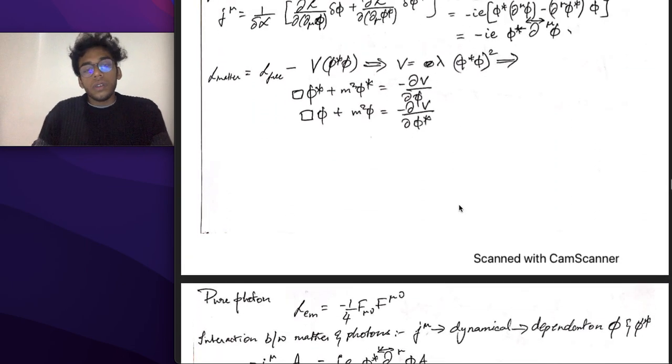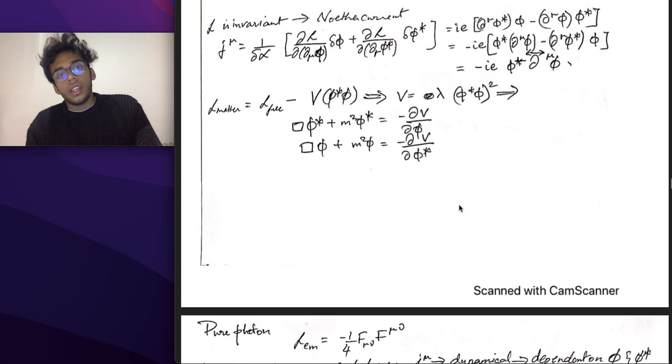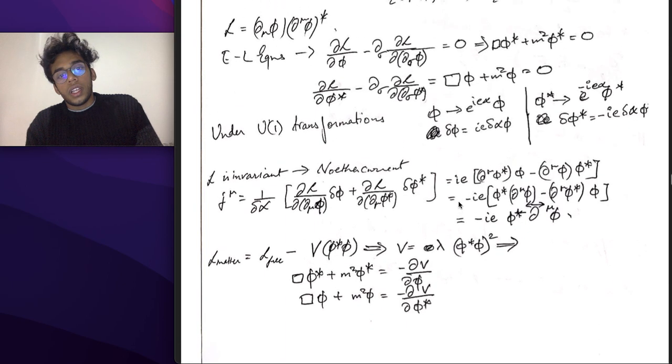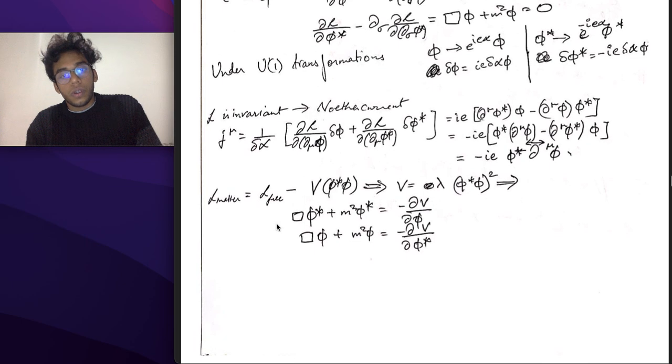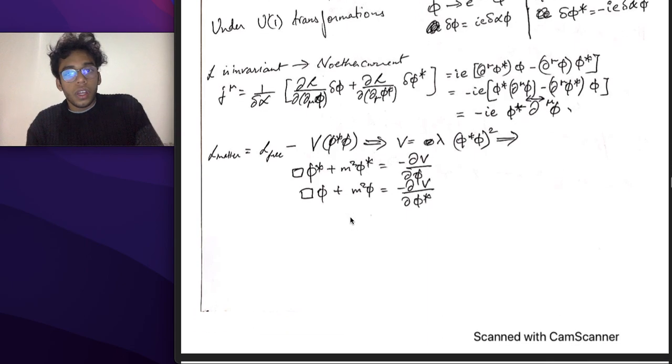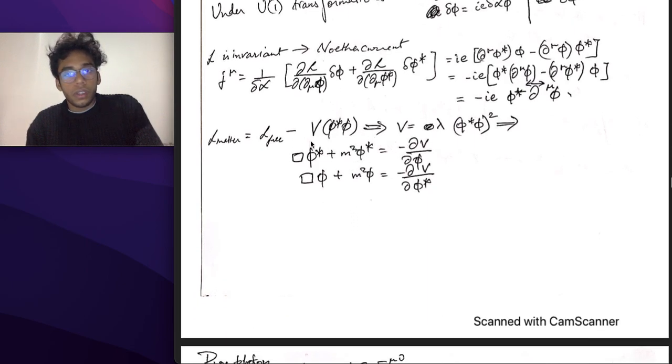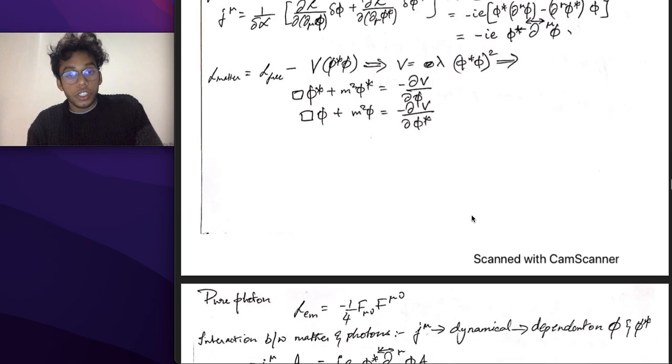Now what we want to do here is we want to say that this L matter is equal to the Lagrangian for φ minus some sort of an interaction potential, and you arrive at this relation between the potential and the Klein-Gordon components.